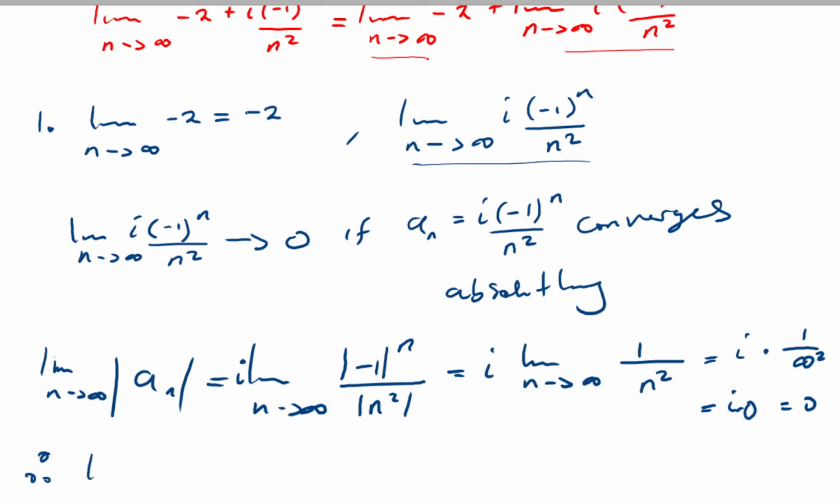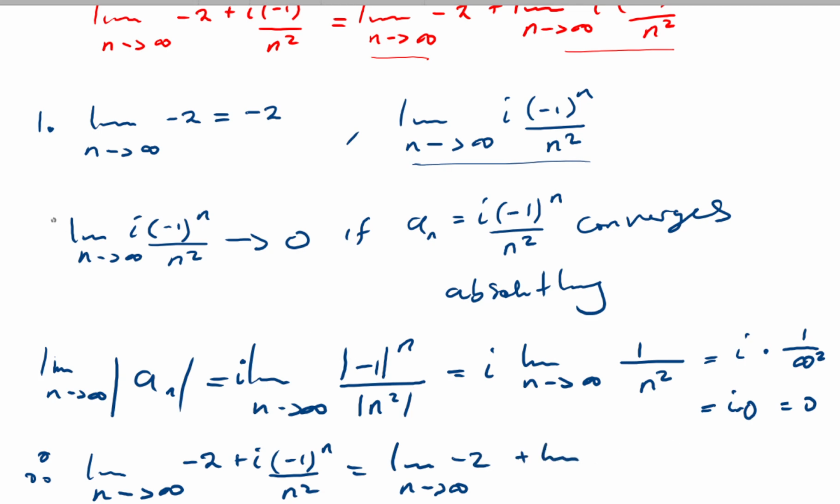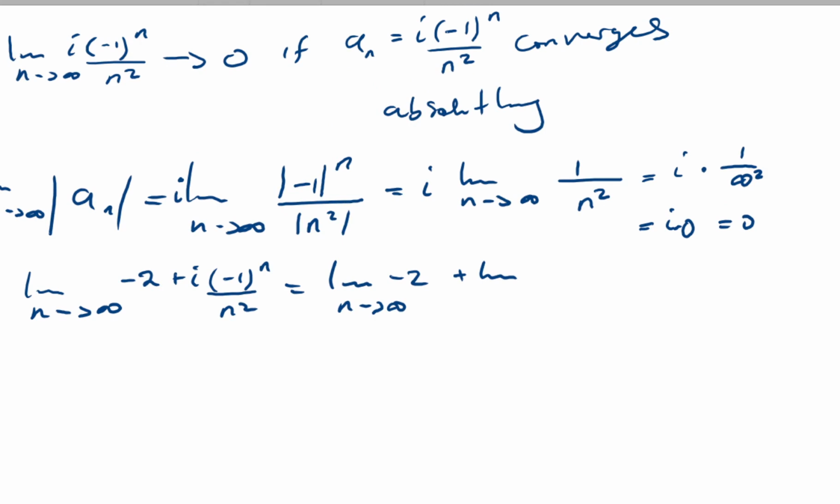Therefore, the limit as n approaches infinity of -2 plus i(-1)^n over n squared can be written as the limit of -2 plus the limit as n approaches infinity of i(-1)^n over n squared, which will simply be equal to -2 plus 0, so our final answer will be -2.